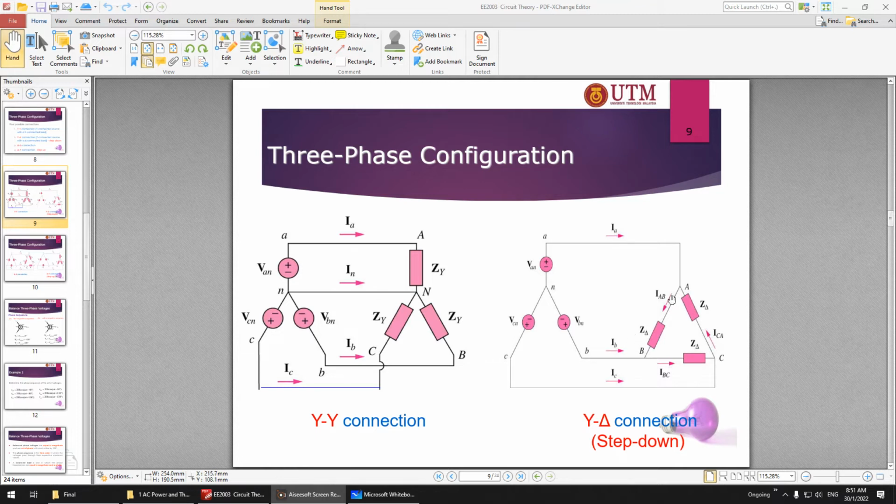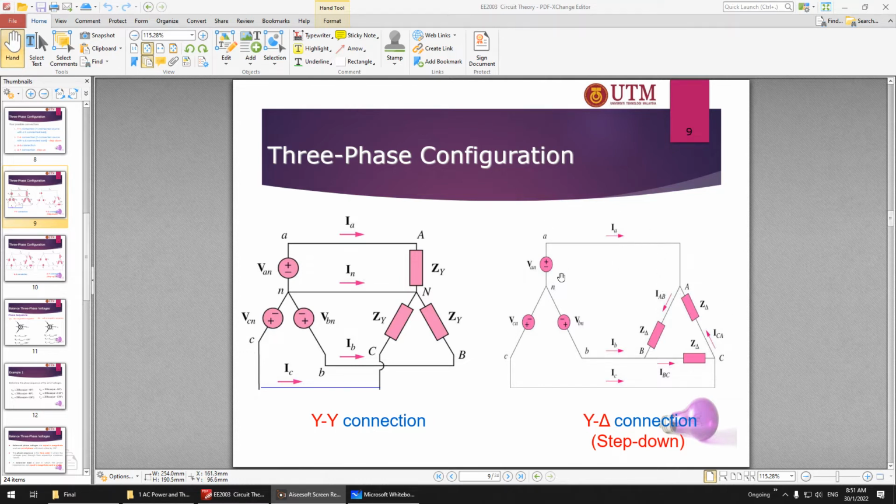After you get the phase current, you have to find the line current. Check back the formula on how to change phase current to line current. Okay, this is balance.